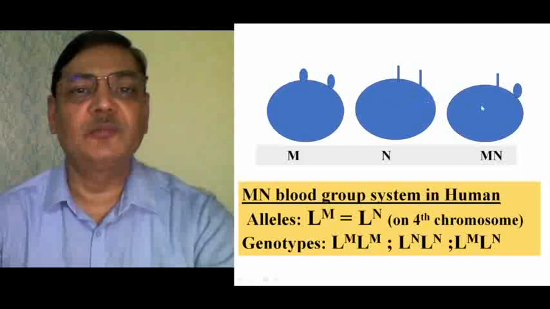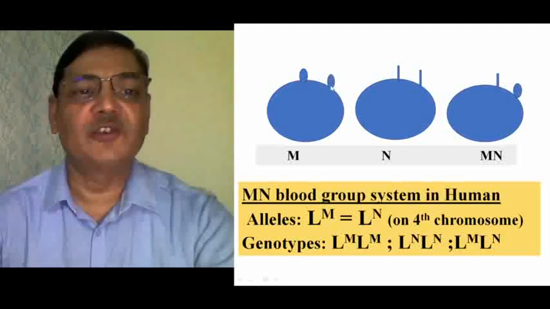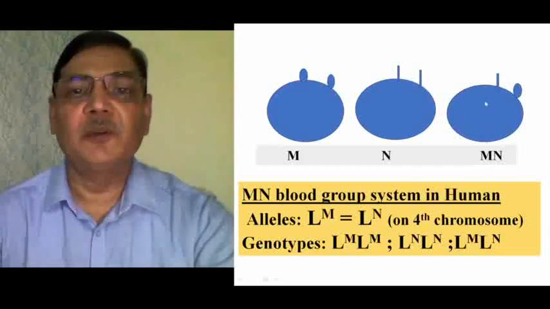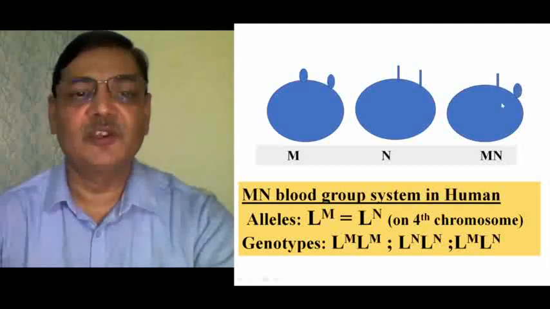In this diagram, these three structures are RBCs, red blood corpuscles, and on their surface a native antigen may be present, which is a glycoprotein structure. Those who have blood group M will have a specific type of native antigen. Those with N blood group will have a different type of antigen on the RBC surface. And MN type people have both M as well as N antigen on the RBC surface.